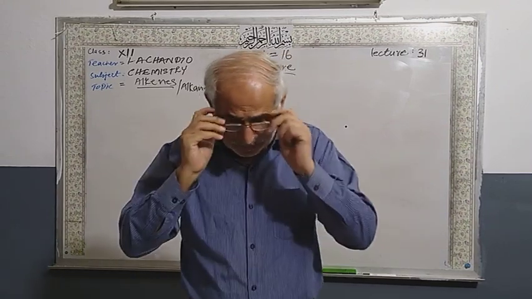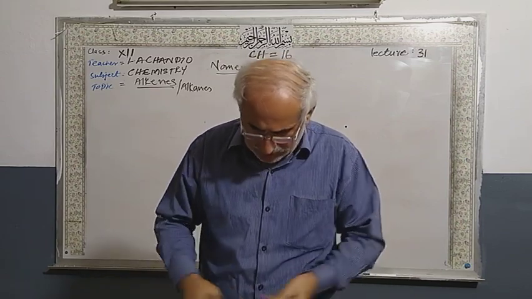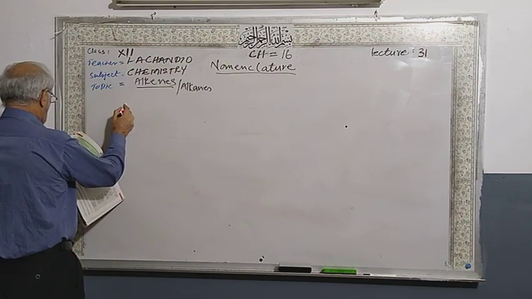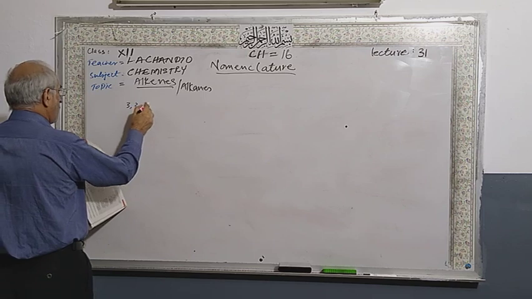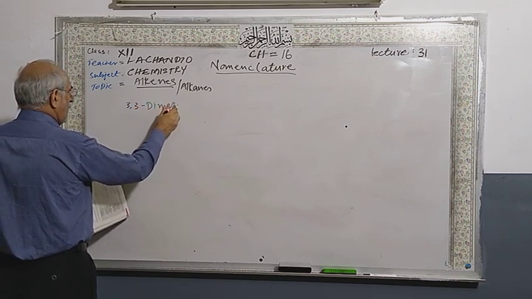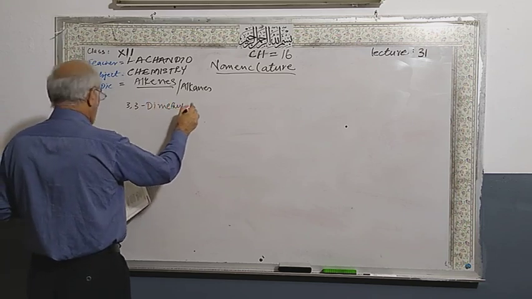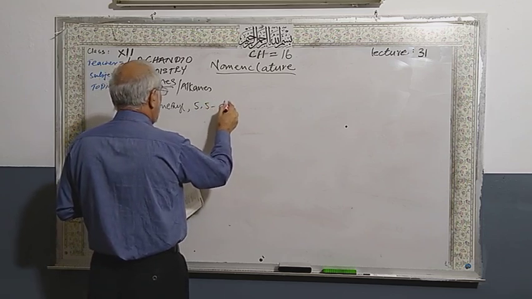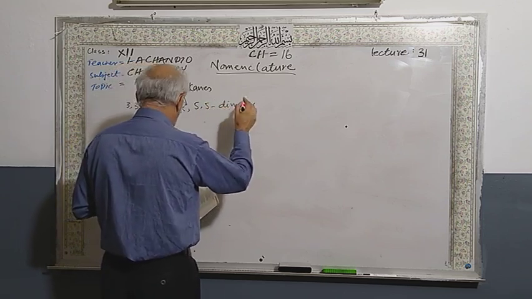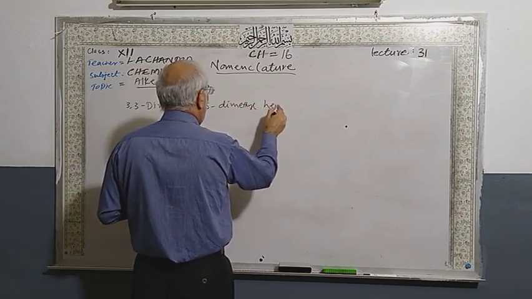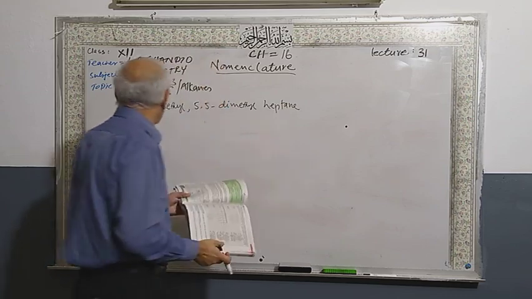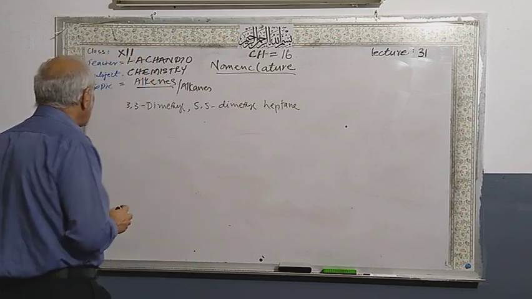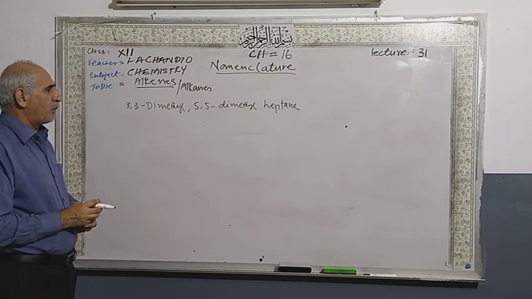One more is given. There are many. Suppose I am writing this one: 3,3-dimethyl 5,5-dimethyl heptane.